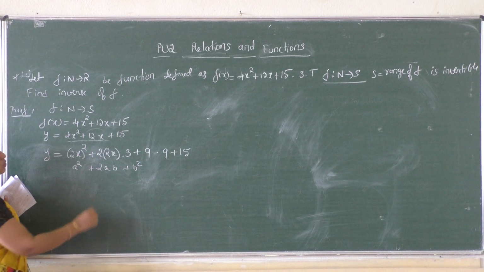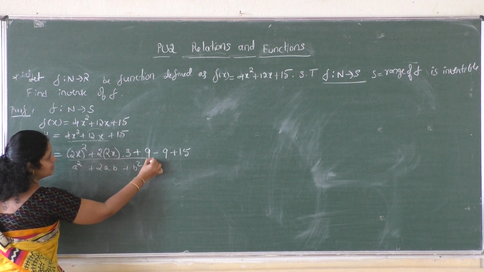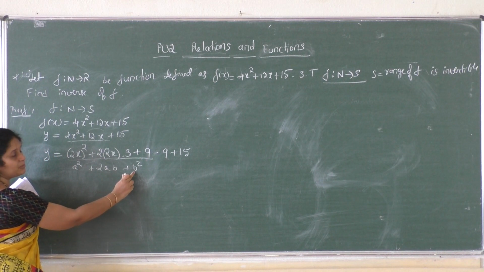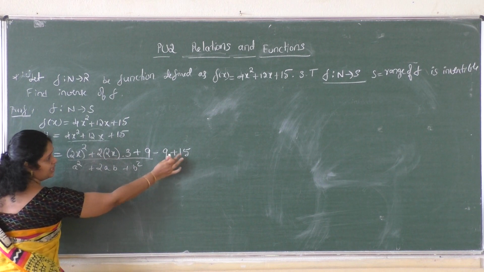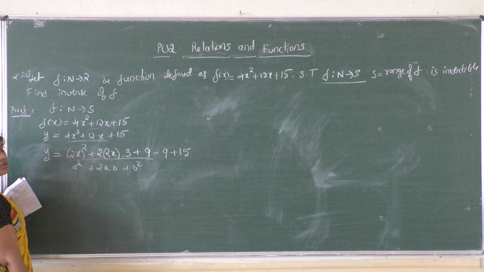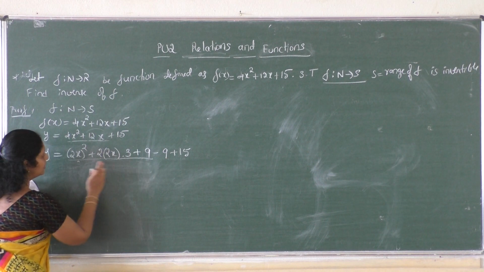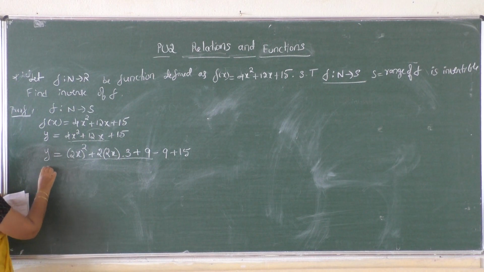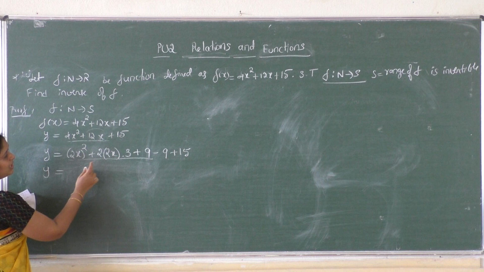Now this is equal to the first three terms, that is a square plus 2ab plus b square, a complete square, then the remaining is 15 minus 9, which is equal to 6. Okay, now a square plus 2ab plus b square is a plus b whole square.